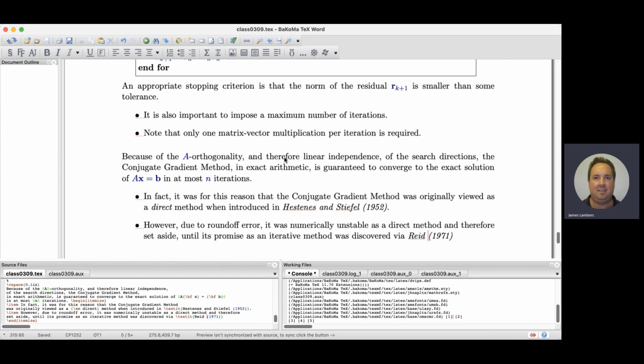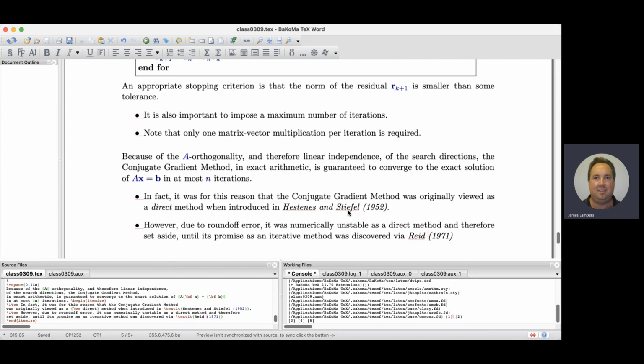So the inventors of conjugate gradient, Hestenes and Stiefel, thought of conjugate gradient as a direct method, like as if you were using Gauss elimination and back substitution, because n iterations would be enough to get the exact solution aside from rounding error.